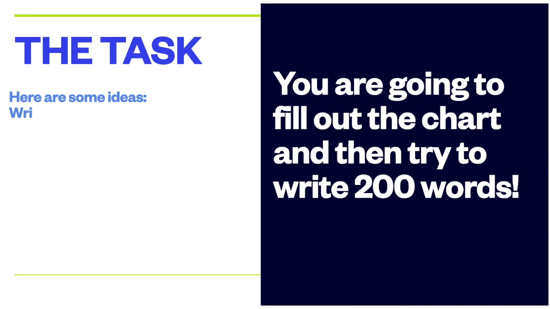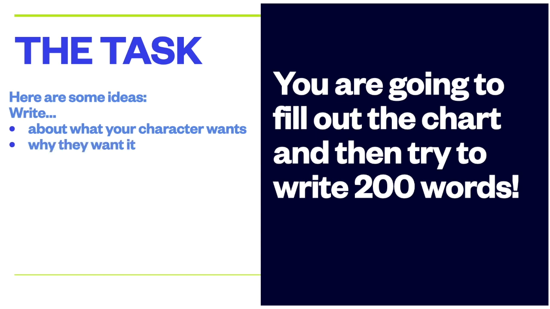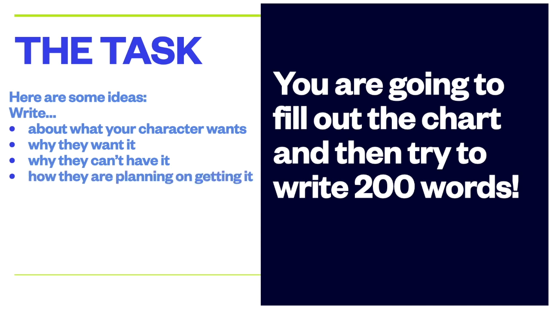Okay? You could write about what your character wants. That could be like 4 sentences right there. You could explain why they want it, or you can explain how they would feel once they get it. You could write a sentence about how they feel that they can't have it, or why they can't have it. You can write 2 sentences on how they plan on getting it. You can write who or what is stopping them.